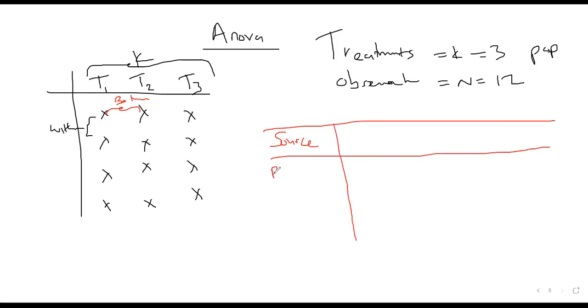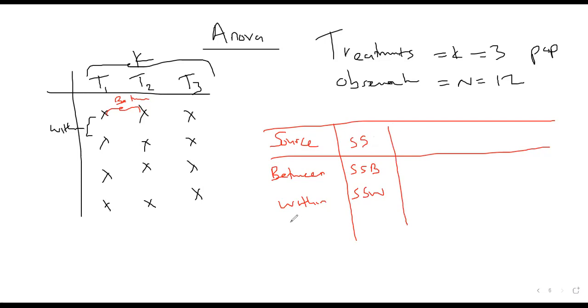We have the variation between the treatments, which is the sum of squares between the treatments. Then we also have the variations that are happening within each treatment, which is the sum of squares within. So SS stands for sum of squares.